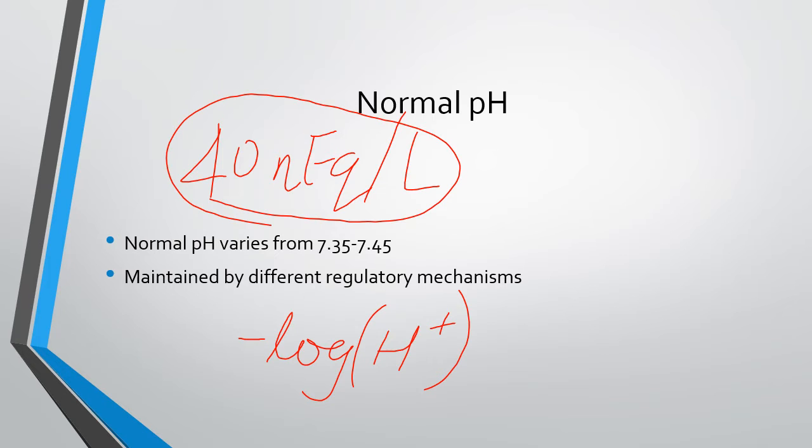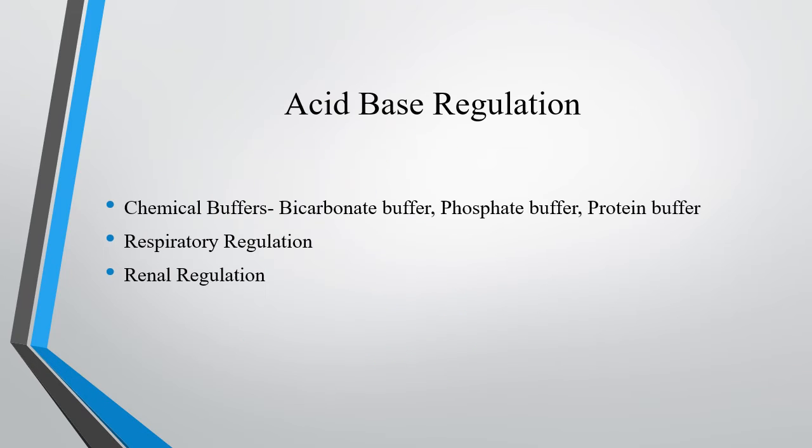The pH is maintained by a variety of regulatory mechanisms, and there are three main lines of defense in acid-base regulation. First line of defense is the chemical buffer system.